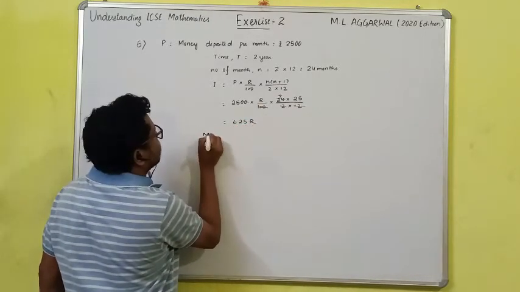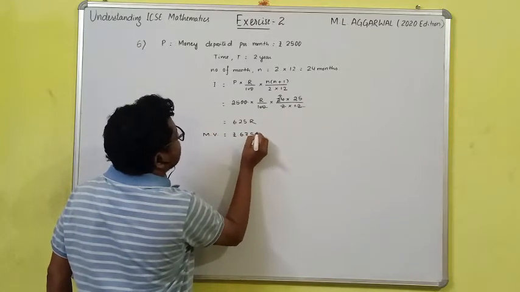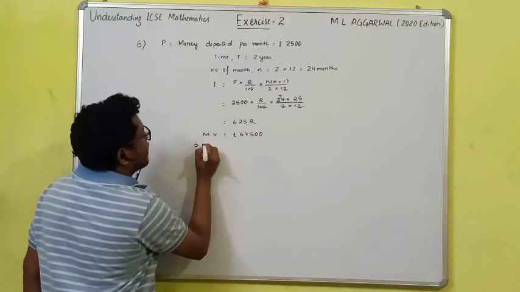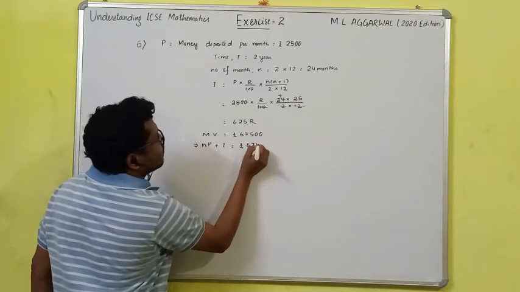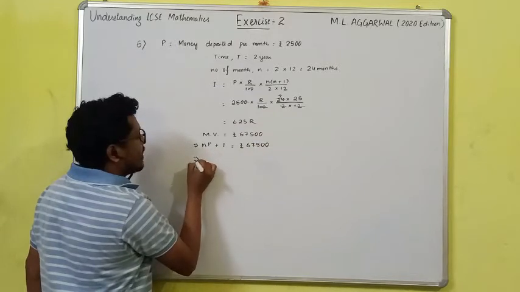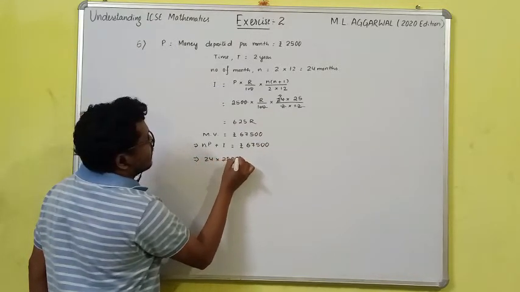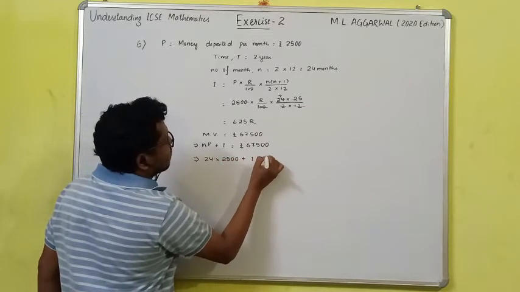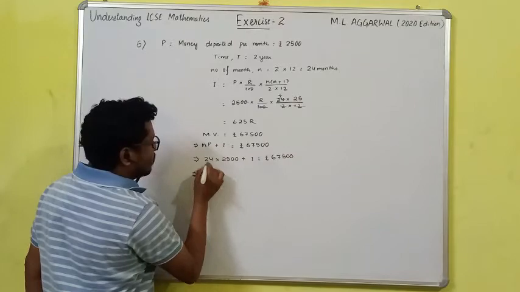But what is the maturity value here? Maturity value is equal to 67,500. So the maturity value formula is nP plus I is equal to 67,500. Now n is how much? 24. P is how much? 2500. Plus I is equal to rupees 67,500. So what will be the value?